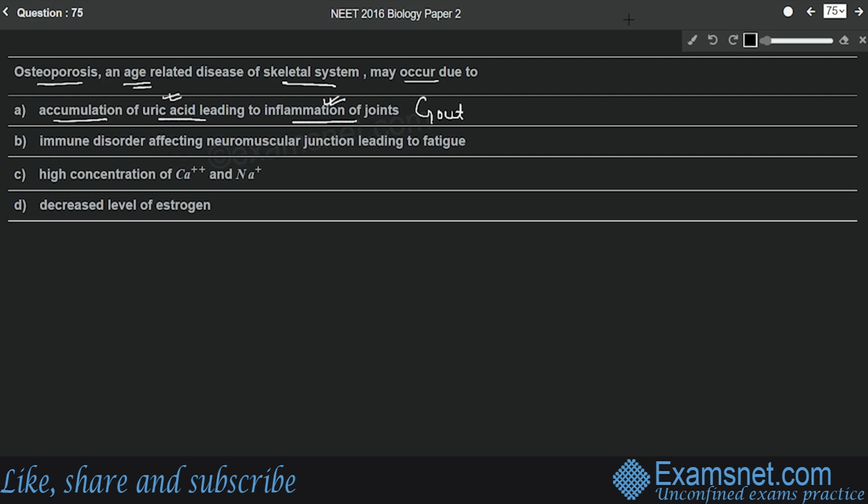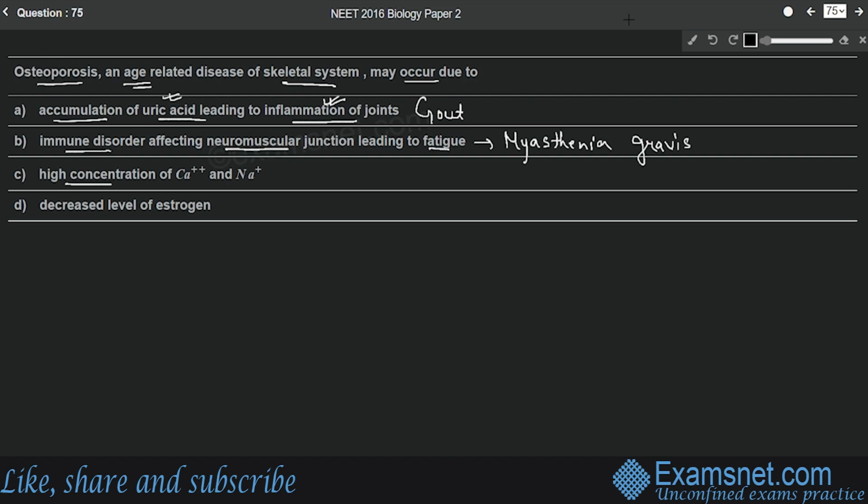Then the second one is immune disorder affecting neuromuscular junction leading to fatigue. This is about another disease known as myasthenia gravis, which is an autoimmune disorder. Okay, and this leads to fatigue, weakening, and paralysis of skeletal muscles.